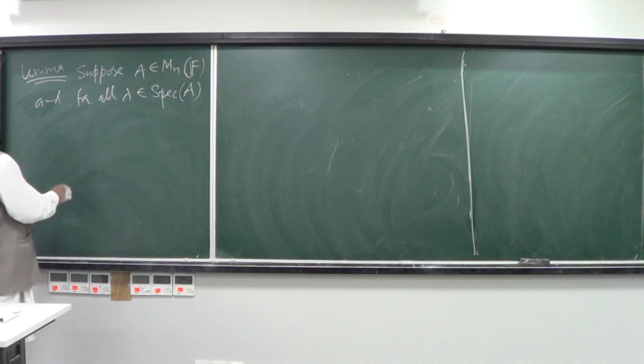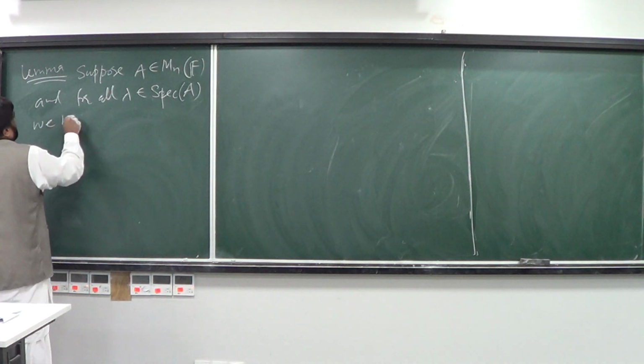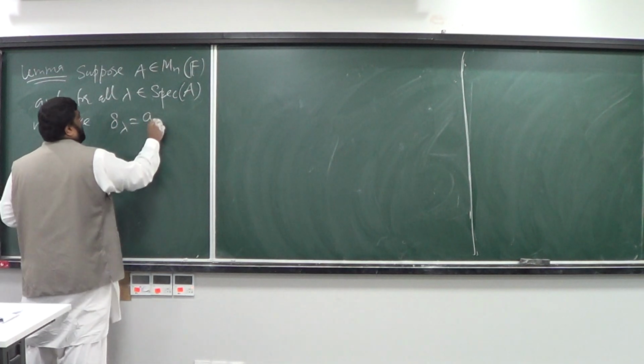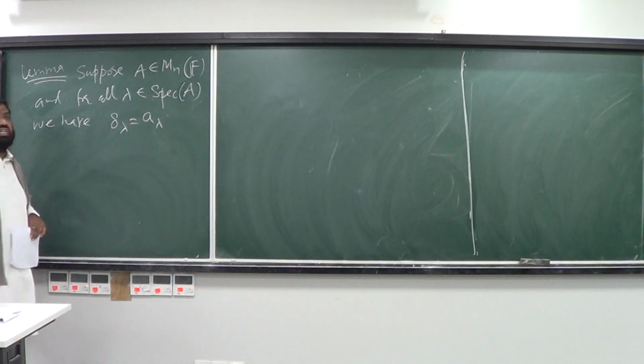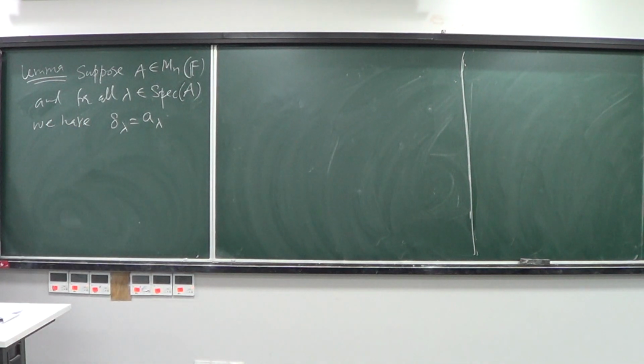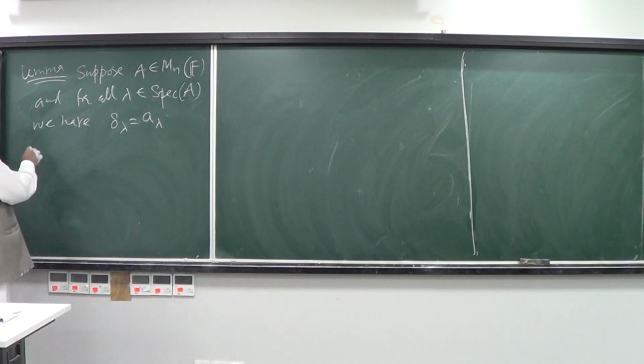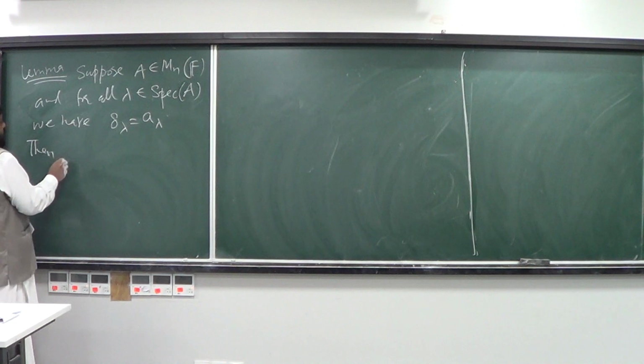This is true for all we have geometric multiplicity equal to algebraic multiplicity. Imagine that you have eigenvalues, and for these eigenvalues the key thing is that the geometric multiplicity is equal to the algebraic multiplicity, and this is true for all eigenvalues of the matrix A. Then what will happen?